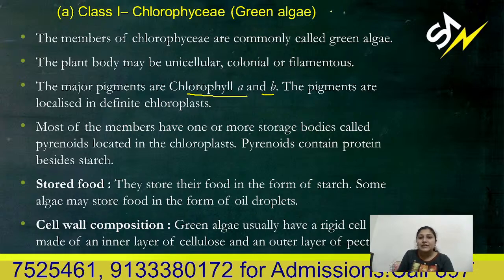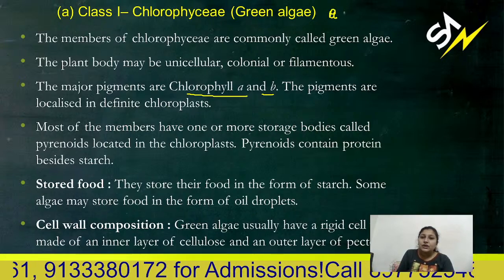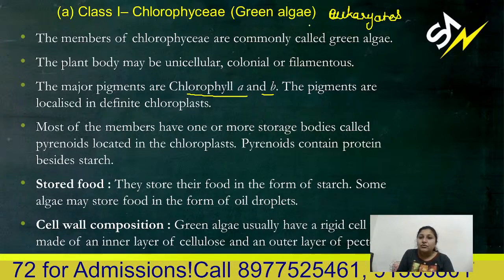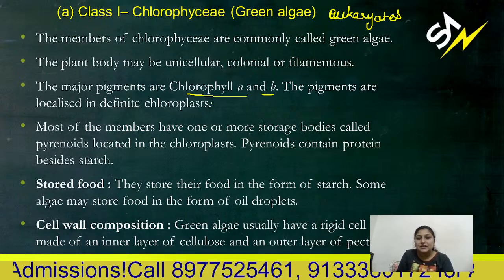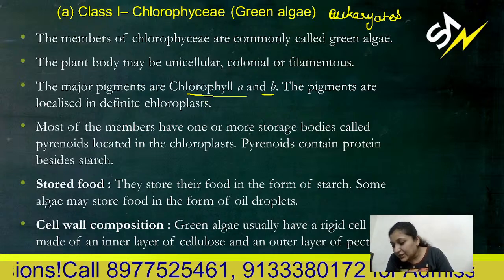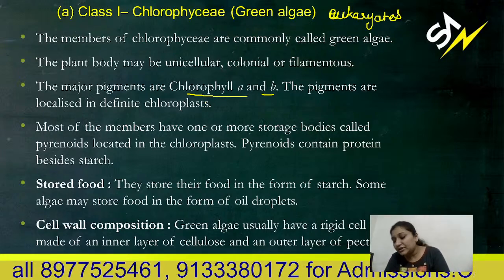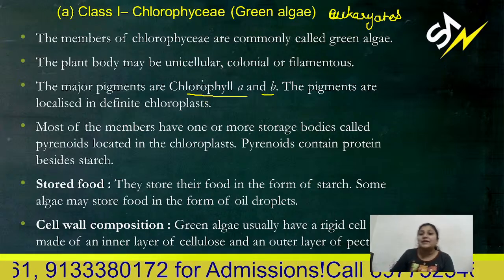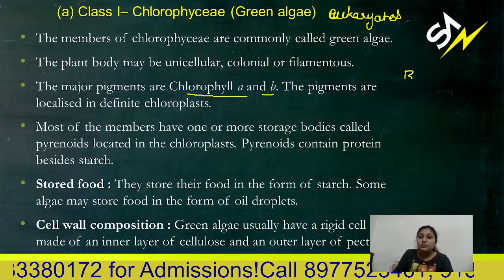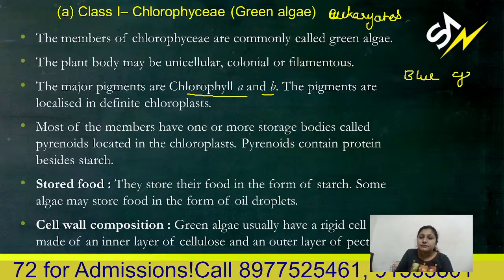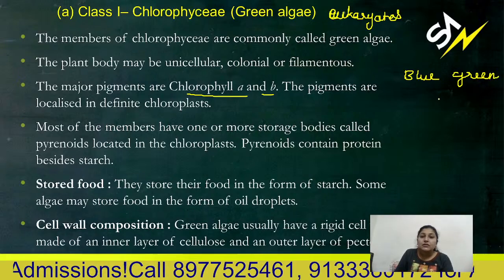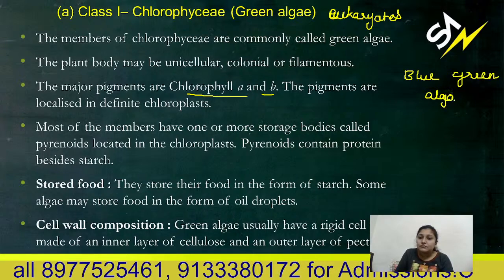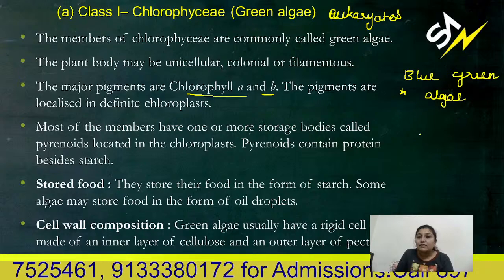See, green algae are eukaryotes only, so that's why chloroplasts are present in them. But yes, Hasini, or all others who have joined, can you tell me what about blue-green algae? Where are these pigments located?